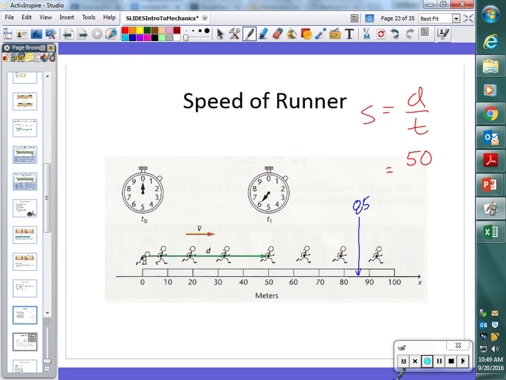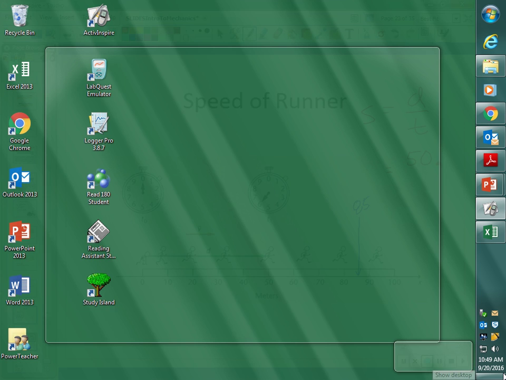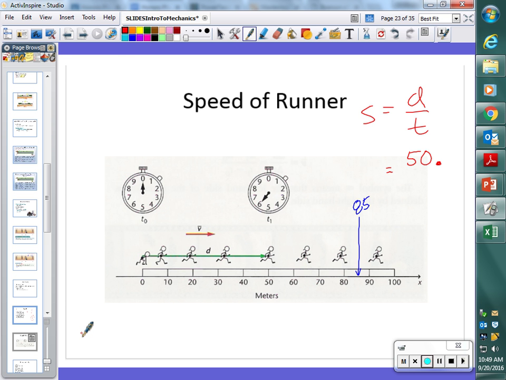So how do we turn that measurement into 2 significant digits? Put a decimal point at the end of it. Jenny, is there anything after that decimal point? No, because if there was, that would turn it into 3 significant digits. So this 50 with a decimal point is a proper measurement of the distance with the correct number of significant digits.